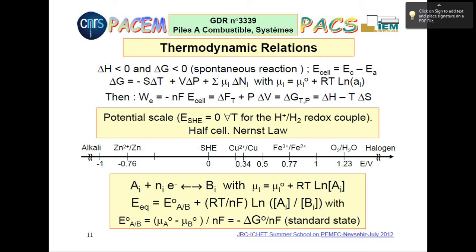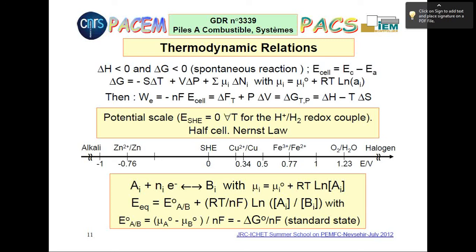Here you have the halogens, for example, or oxygen, of course, 1.23 volts, chlorine 1.33 or 1.36 here, etc. If you imagine, the scale could be 10 volts, minus 5 to plus 5. But if you have any solvent like water, water will be decomposed outside of the window between 0 and 1.23 volts.